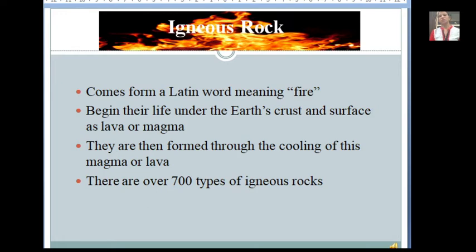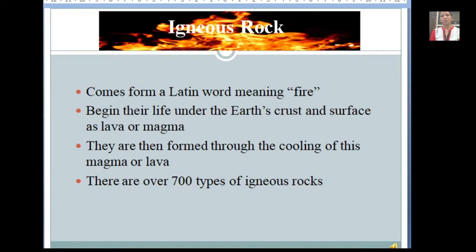Igneous rocks, as we know, the word comes from fire. Its basic meaning is fire. Igneous rocks are formed due to solidification of magma and lava. When hot and liquid material comes out from the interior of the earth and becomes solid, then it forms igneous rocks.